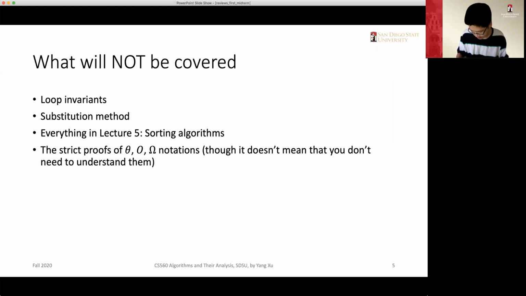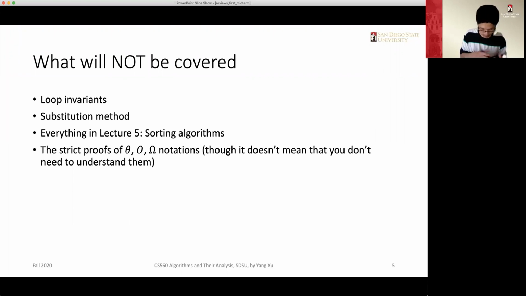Growth of functions is something where I said I will not have questions that ask for the proof of those asymptotic notations, but it is important to understand them. So chapter 3 is also required, and divide and conquer will be required.